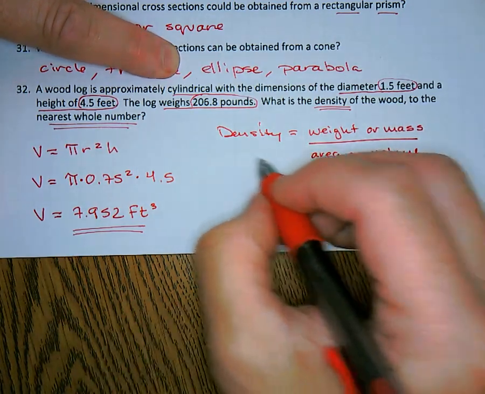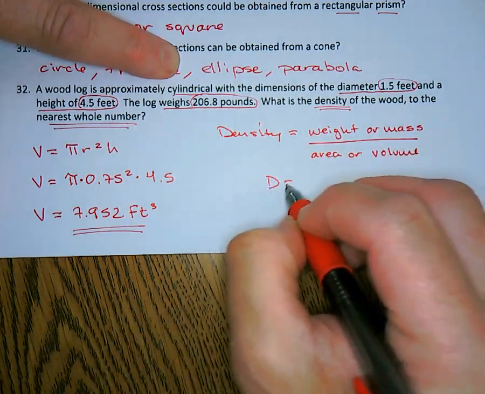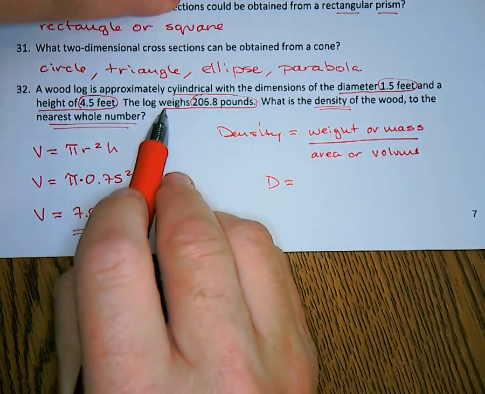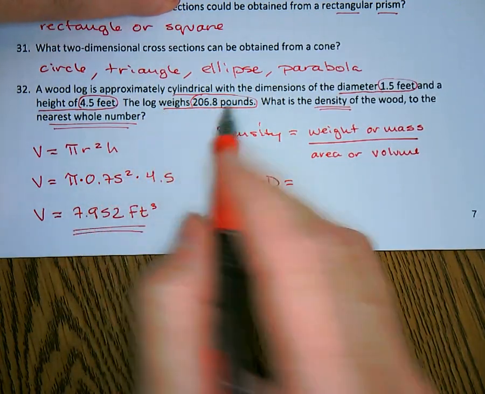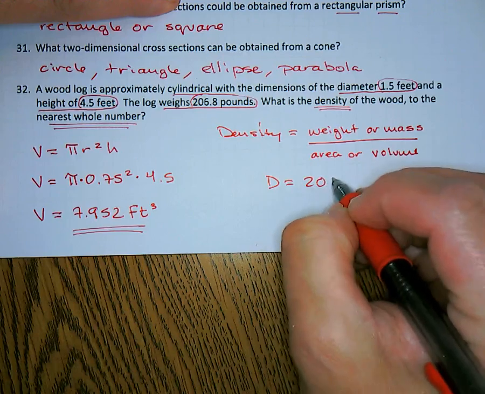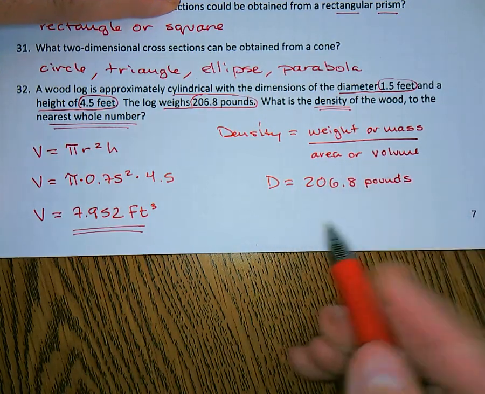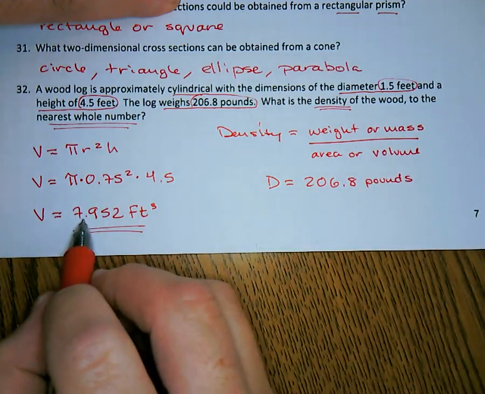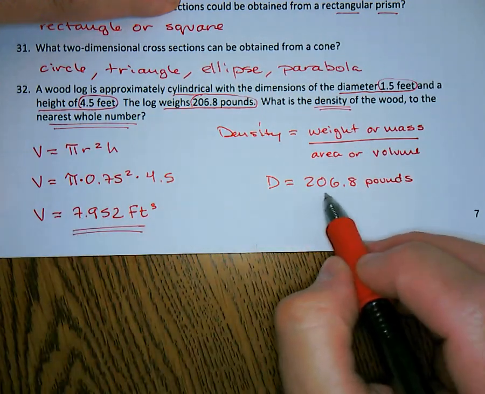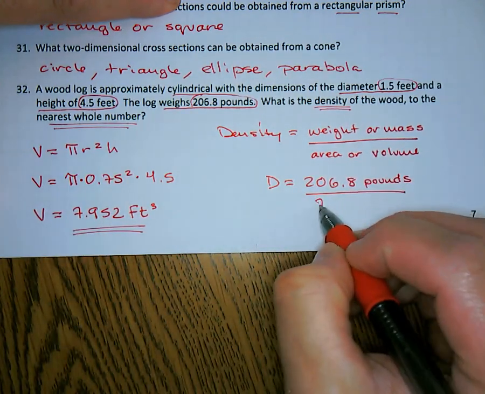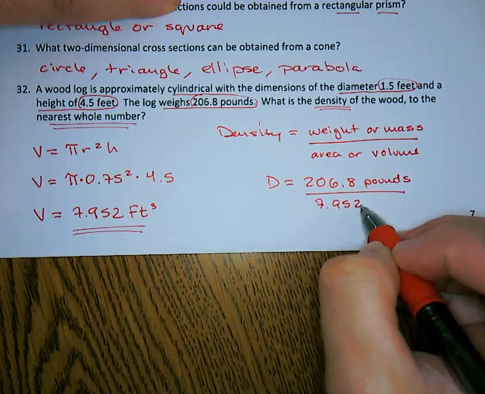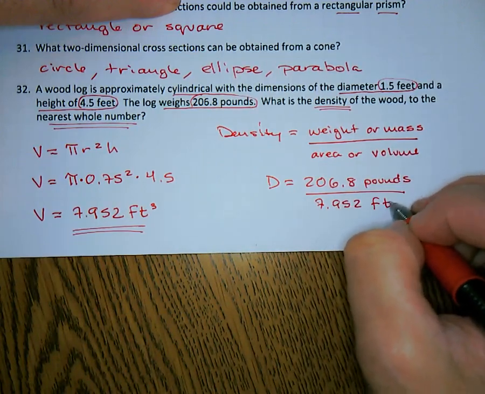Okay, so if we're looking for density, what do we have? So our density, we do have a weight. They told us that the log weighed 206.8 pounds. And we calculated the volume at 7.952 cubic feet.